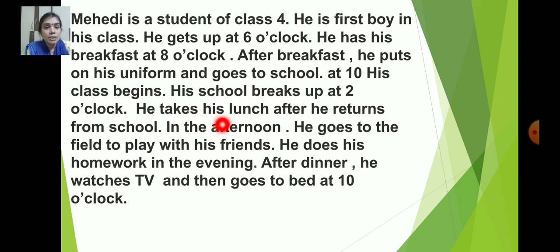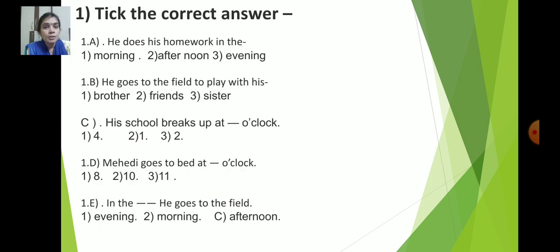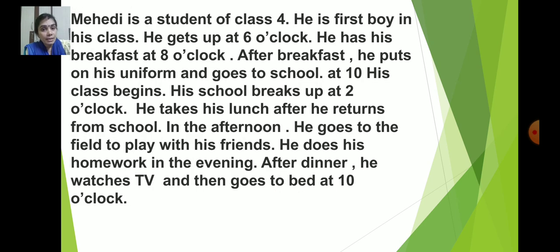He takes his lunch after he returns from school. In the afternoon, he goes to field to play with his friends. He does his homework in the evening. After dinner, he watches TV and then goes to bed at 10 o'clock. So, this is the unseen passage for you.